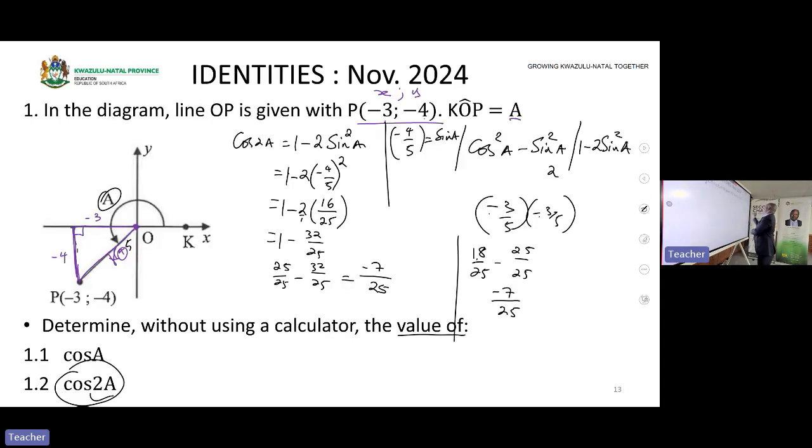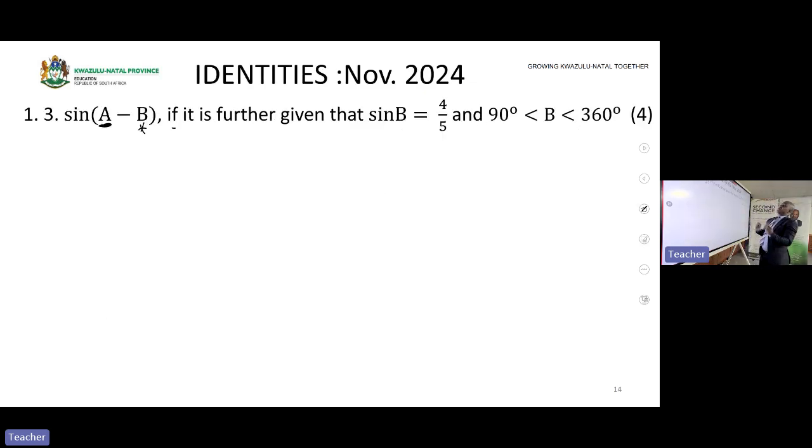So that's why they are giving us additional information. They are saying it is further given that sine of angle B is 4 over 5. What defines sine? It is y over r. It means with this information, we don't have x. How will you determine x?